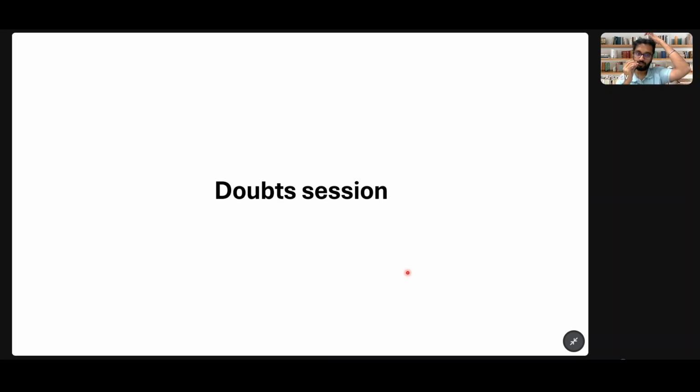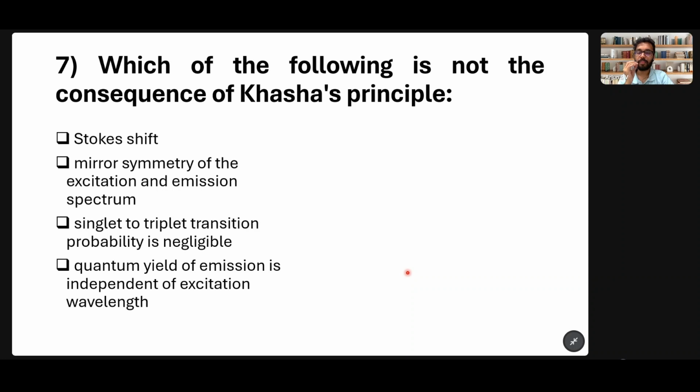Okay, if there are no doubts, we'll discuss last week's problems, a continuation from week 5. Which of the following is not a consequence of Kasha's principle? Kasha's principle deals with Stokes shift, mirror symmetry, as well as quantum yield of emission.